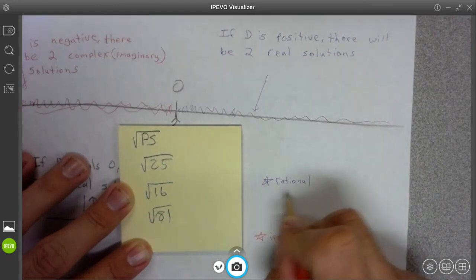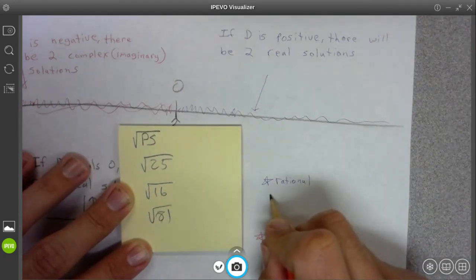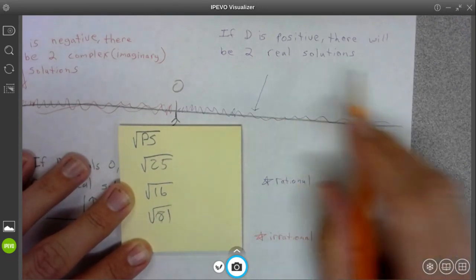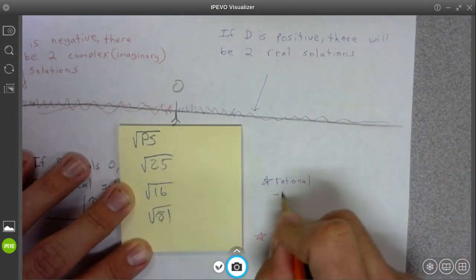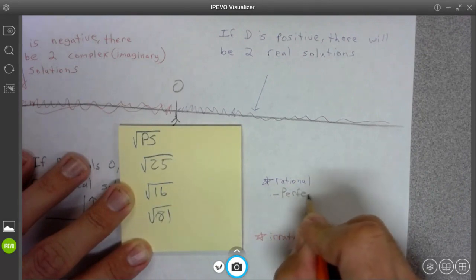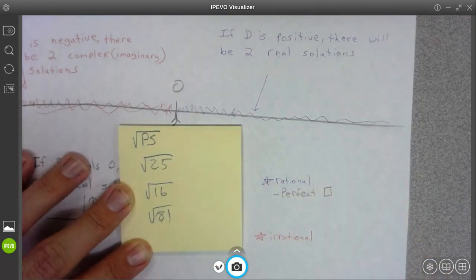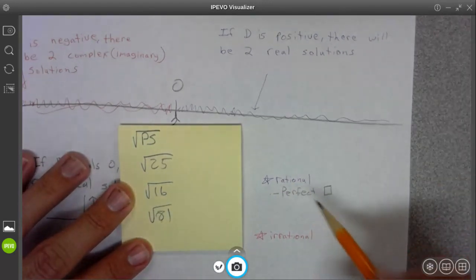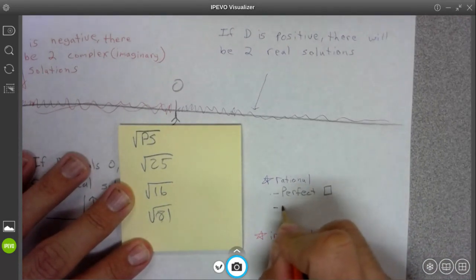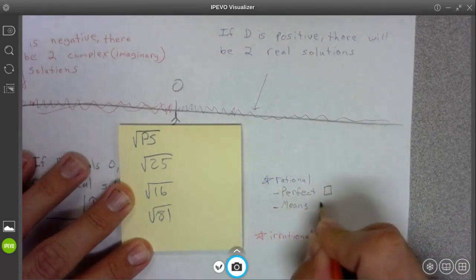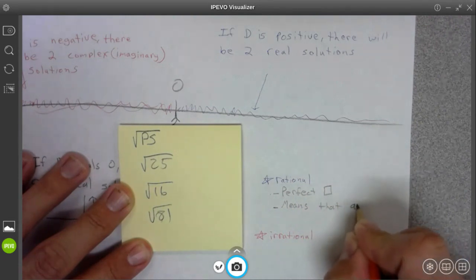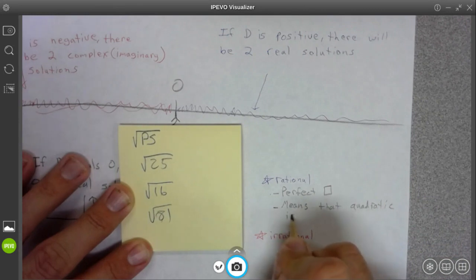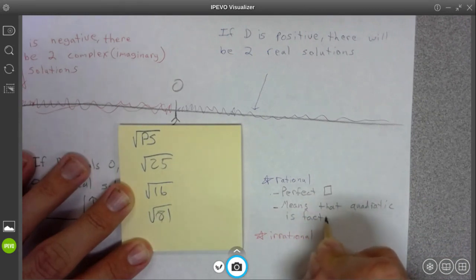All right. So when it's rational, you get 2 real rational solutions when the discriminant is a perfect square, like 81 or 64, any of those. These are nice. It's nice when this happens because that also means that the quadratic that you were originally looking at is factorable.